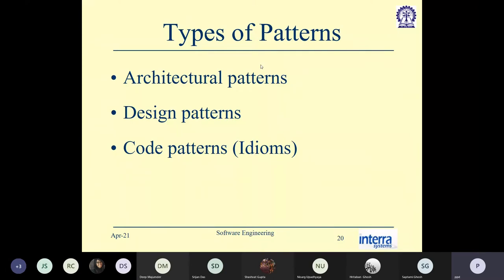The details will differ, but the overall solution structure is known. If you are creating a website, you'll ask whether we are doing a 3-tier architecture or a 2-tier architecture, and so on. Then there are design patterns, and then there are patterns in the code, which typically are called idioms.